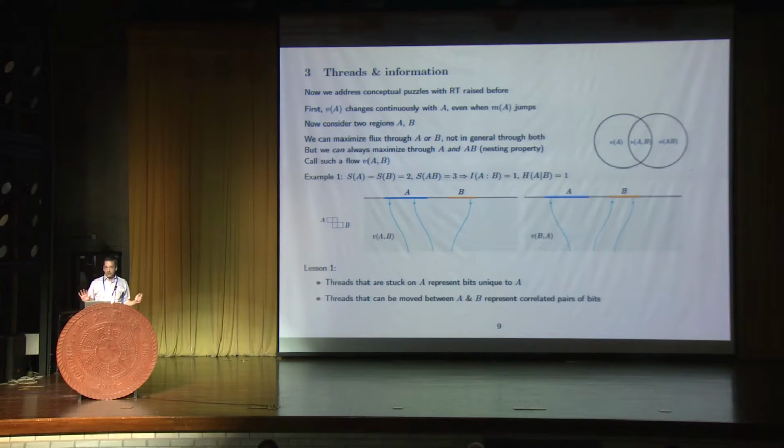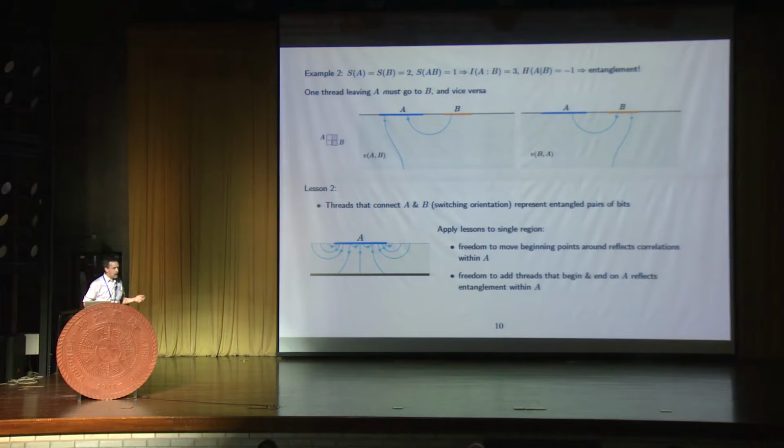Now, of course, this example has no entanglement, so let's do one that's a little more exciting that has some entanglement. So I'm going to cut down my entropy to make my conditional entropy negative. So in this second toy example, I know that I have some entanglement. So now when I put my threads on A, I have 2 threads leaving A, but only one of them can leave A union B. So necessarily the other one goes to B. And same thing vice versa.